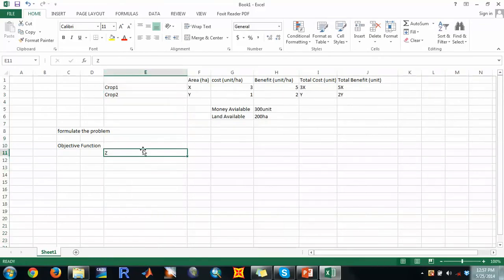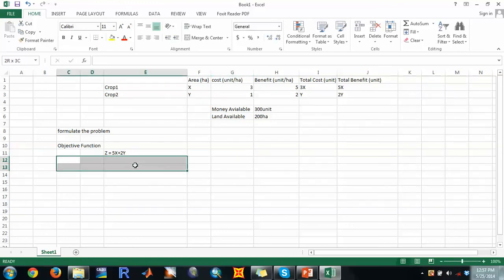Our objective is to maximize the benefit. So what is the total benefit? From crop 1 it is 5x, from crop 2 it is 2y. So z equals 5x plus 2y. This is the total benefit.